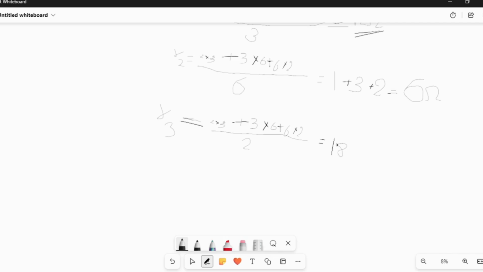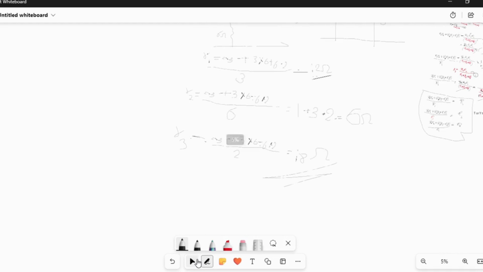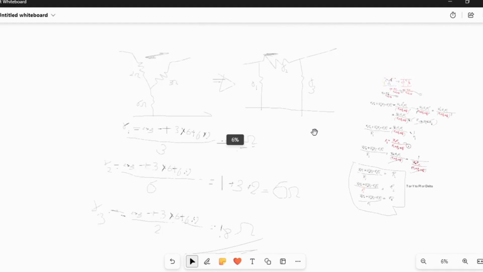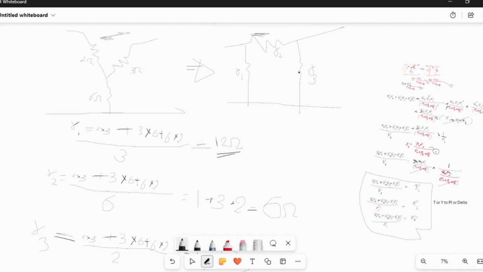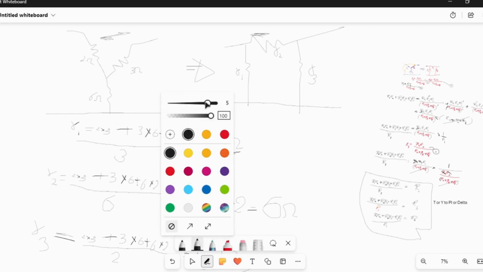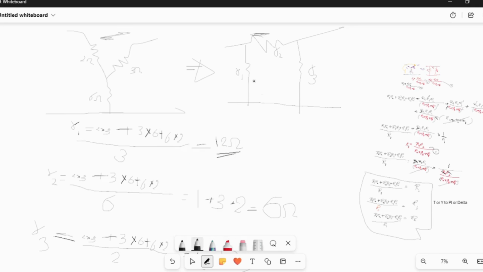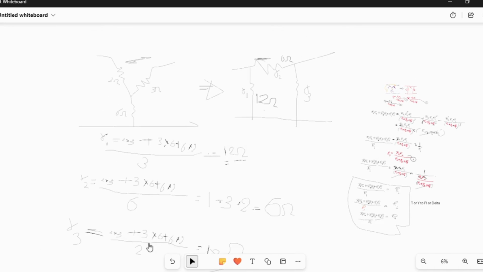Okay, these are the transformed resistors. So I will put the values here. R1 was 12 ohm, R2 6 ohm, R3, what is R3?